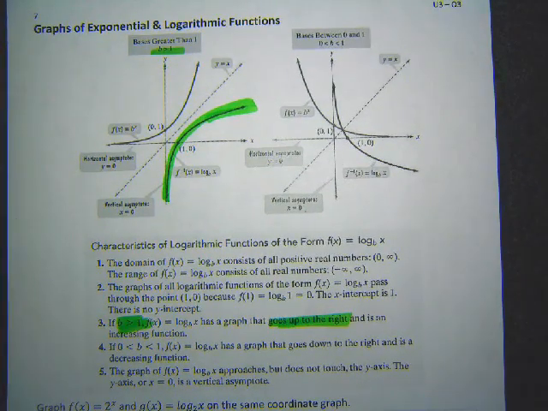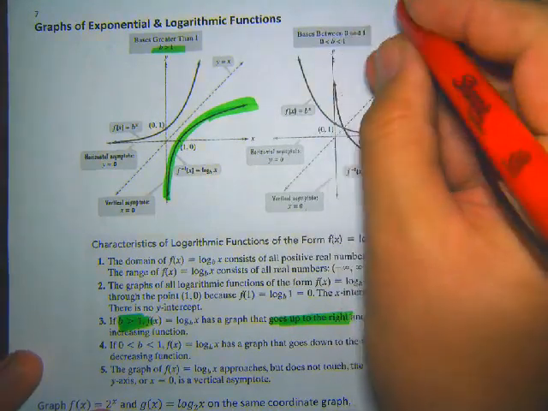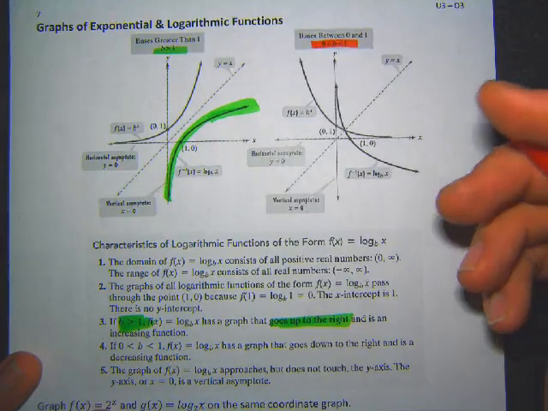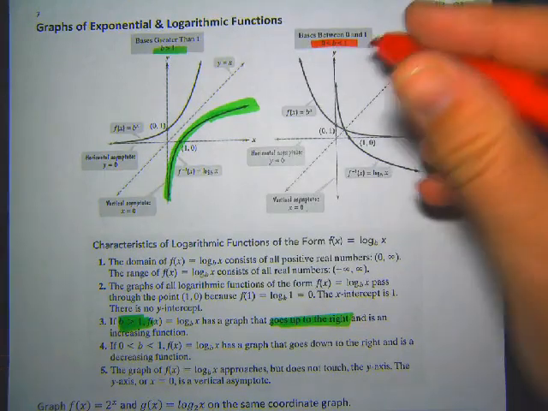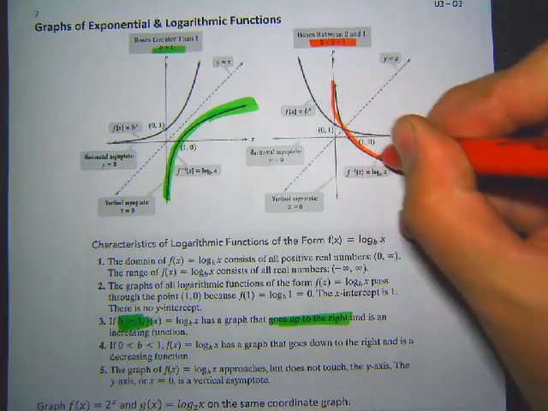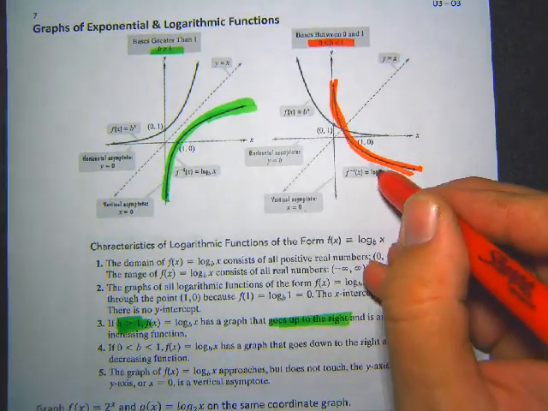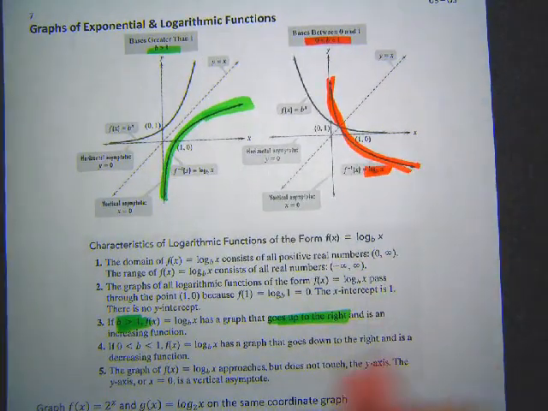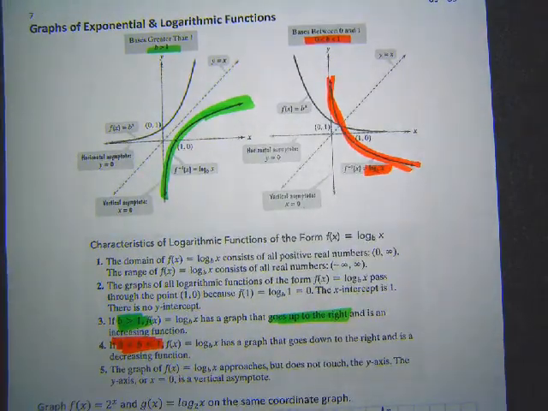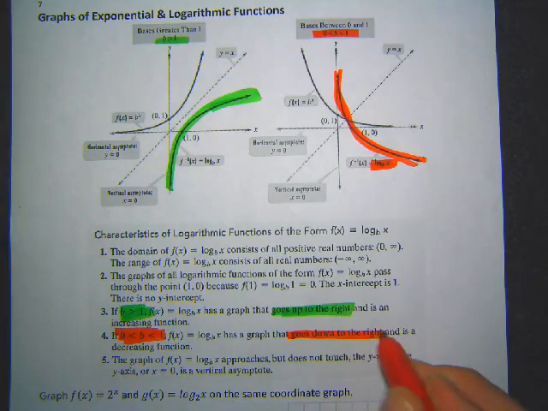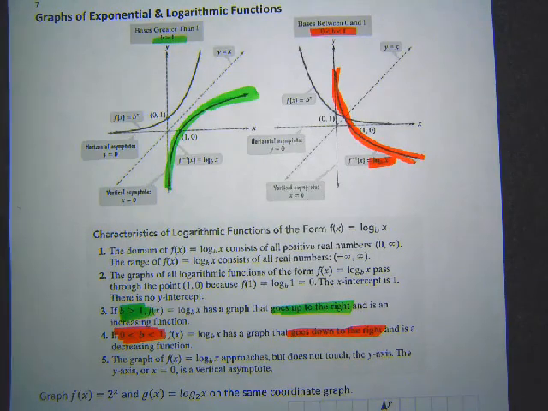Versus if you have a log that has a small base, something between 0 and 1, like a fraction, like log base 1/2, log base 1/3, that one is going to look like this. This is the log function if the base is small. So if your base is small, between 0 and 1, then it goes down to the right. That's the other option. So that's what your two functions can do.